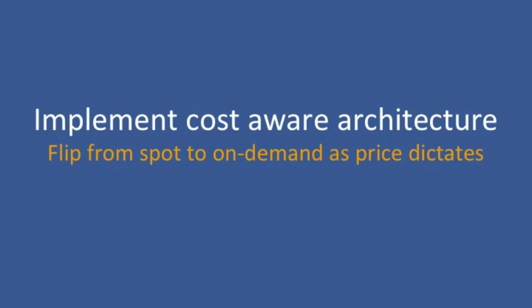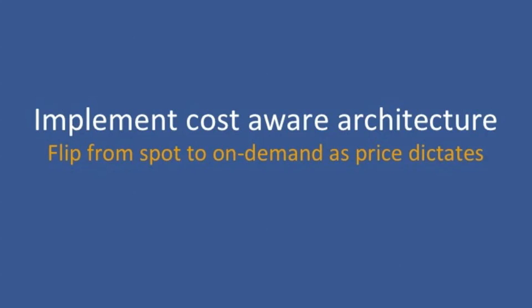Another thing about customers that are implementing on the spot market is that they are embodying that implementation of a cost-aware architecture, because their applications will be taking feeds of the spot market price for a given instance type, and they're able to flip from spot to on-demand as price dictates, because they've architected in a way that their systems can be interrupted. They've architected in a way that enables them to automate the creation and destruction of resources.